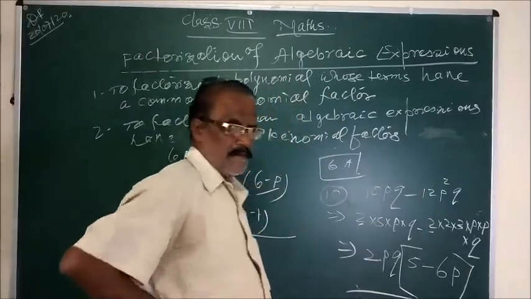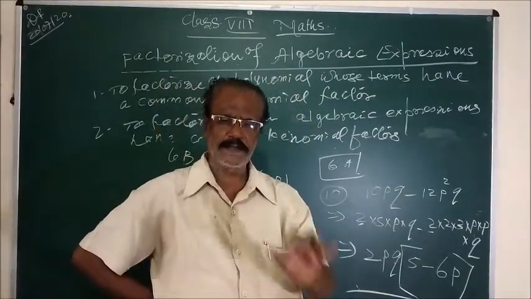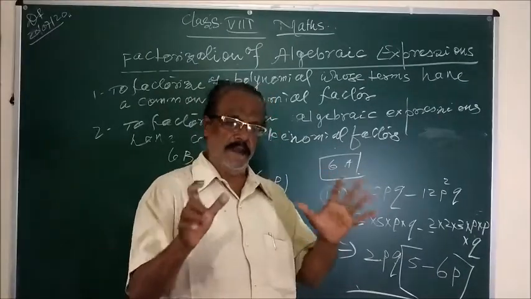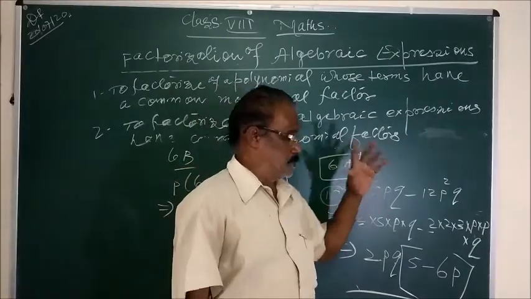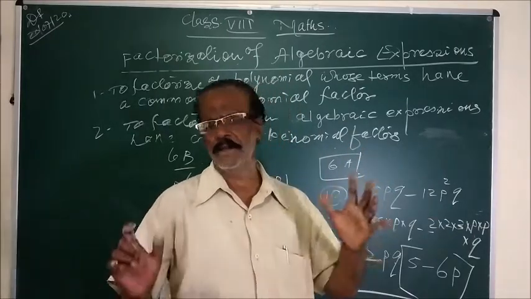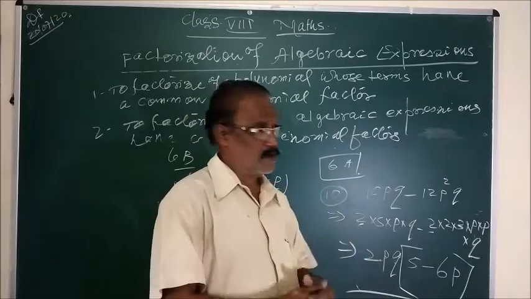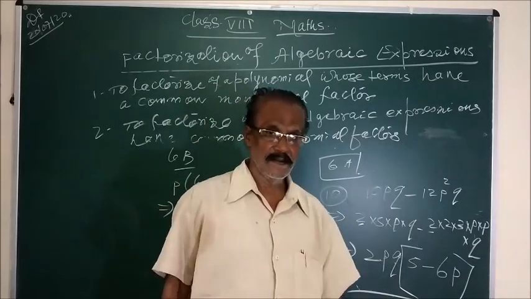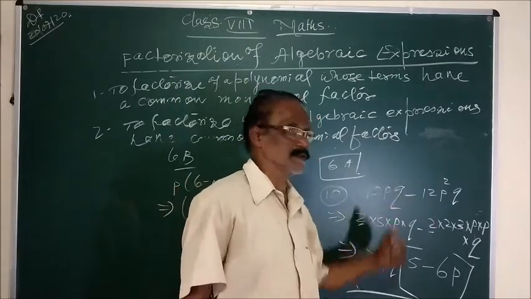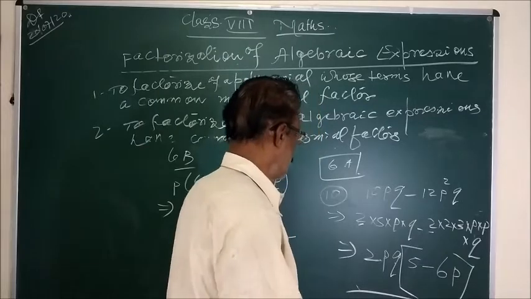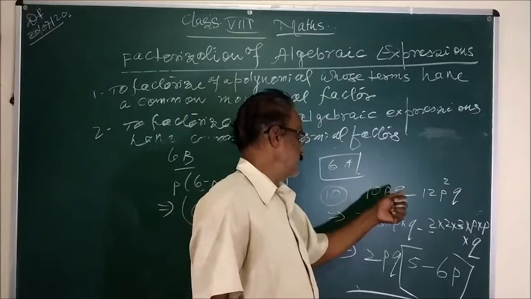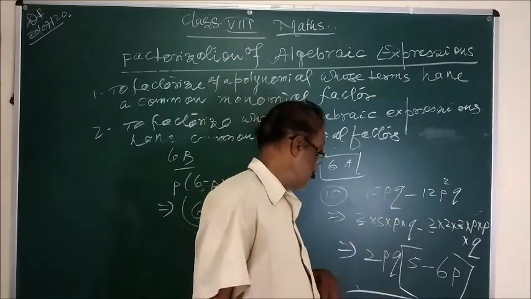What you see here is that first of all we have factorized the given polynomials in a simple way. Now you choose the common in coefficients, the common in constant terms. If I ask you what is common in 10 and 12, which factor is common in both? You can find 2 is common. Common means 10 and 12 both are divisible by 2.